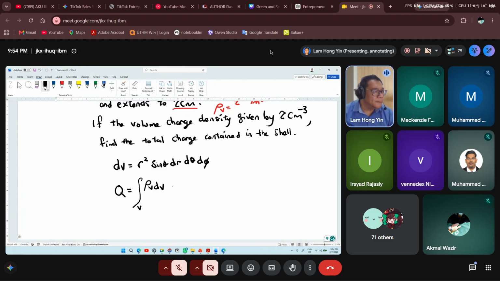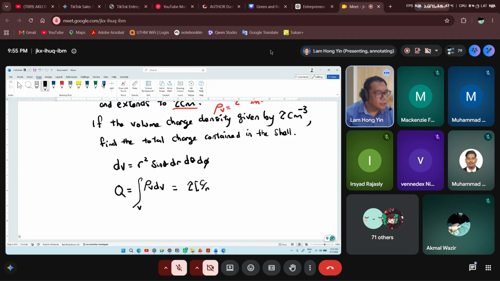So how do we use this formula? Since this is the integration with respect to the changes of the volume, dV, over here you have three changes: dr, d theta, d phi. So in this case, you replace everything inside. I replace my rho v, which is 2, of course the unit is coulombs per meter cube.